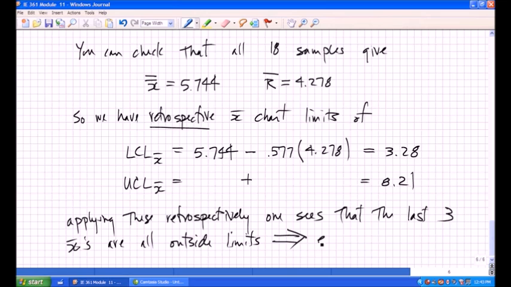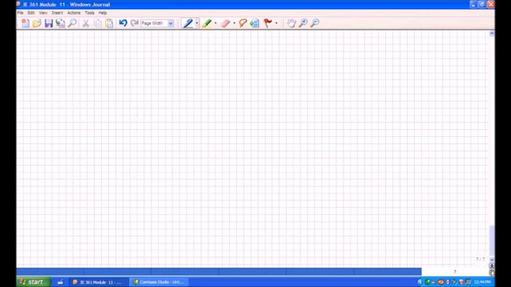So there is evidence of process change in the data. And that's how Shewhart X-bar charts work.